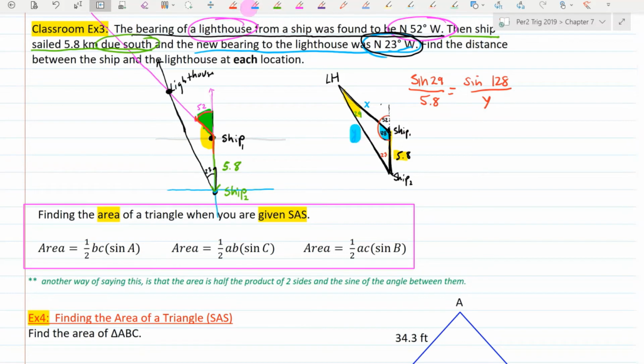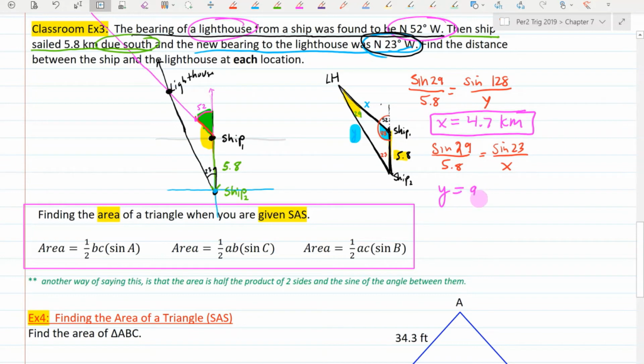And sine of 29 over 5.8 is equal to sine of 23 over x. So make sure you have two different variables, that you don't have x twice. Okay, so my x value in the picture is 4.7 kilometers. And the y value in the picture is 9.4 kilometers. If you drew your picture close to scale, then that should make sense.